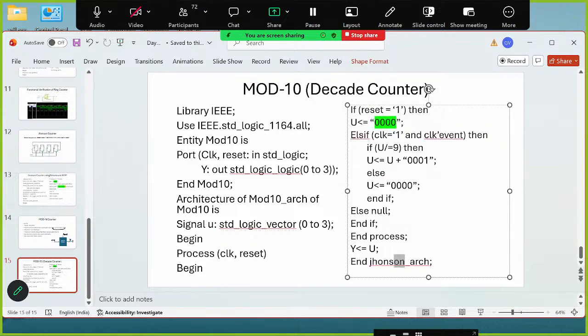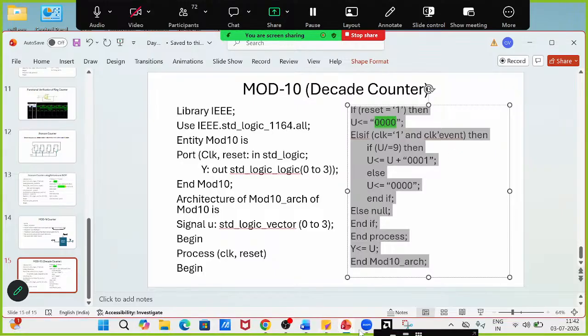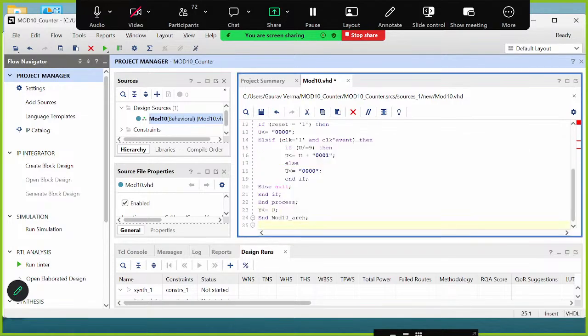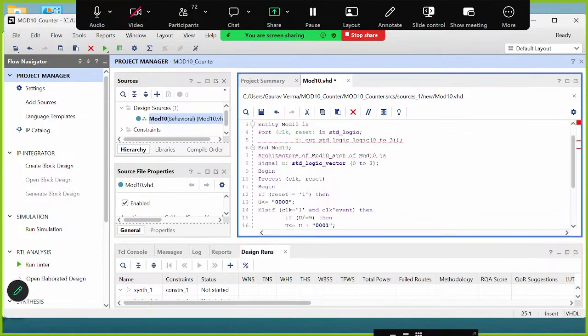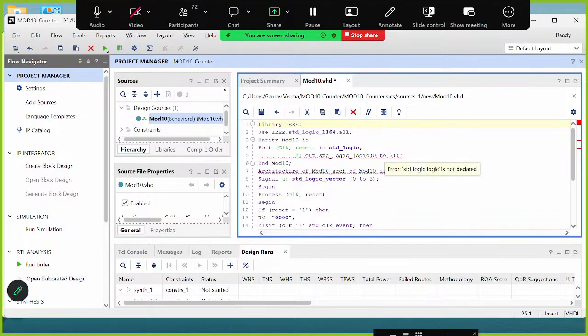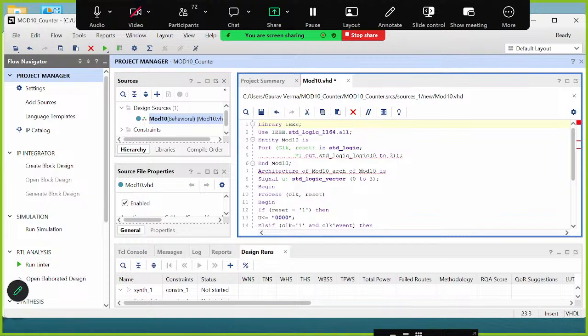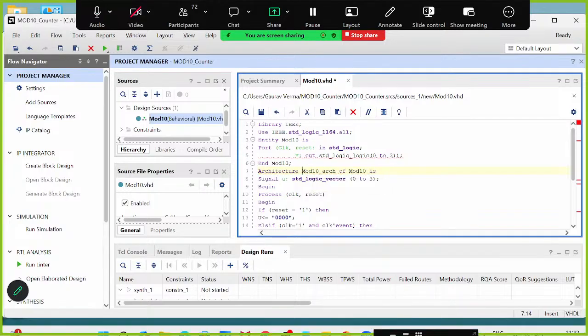There is a syntax error. Its name is mode 10. Why is the output not declared? But we have declared it over here. Architecture of mode10_arc of mode 10 is.